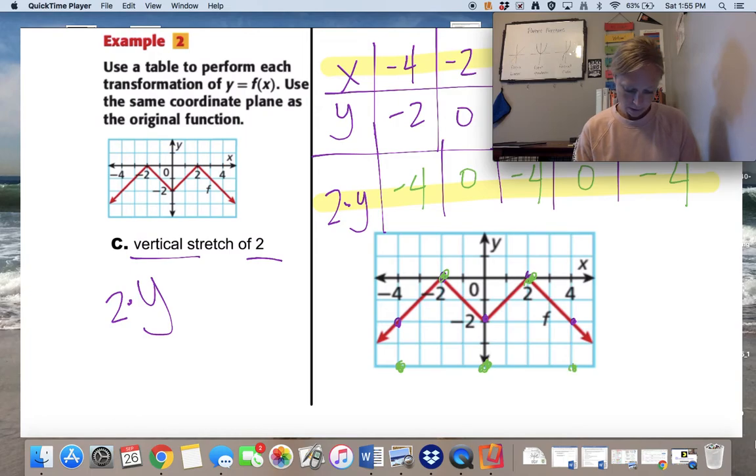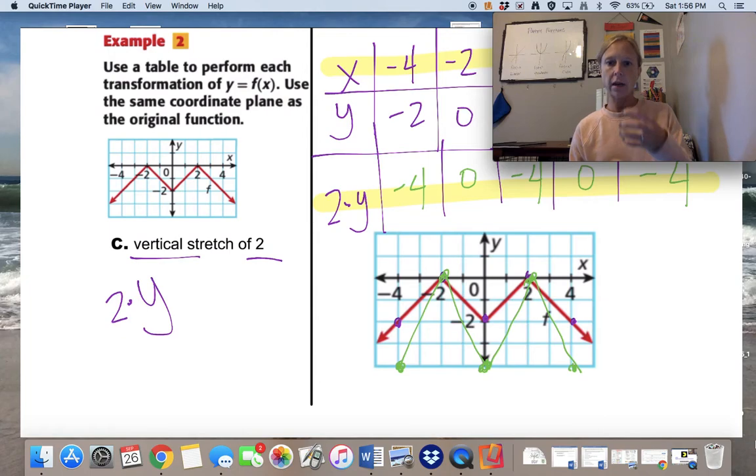Let's take a look at this. Connect our points. All right. We can see that this has been stretched, like it's being pulled down. All of those points have been pulled farther down along the y-axis there. It has been stretched.